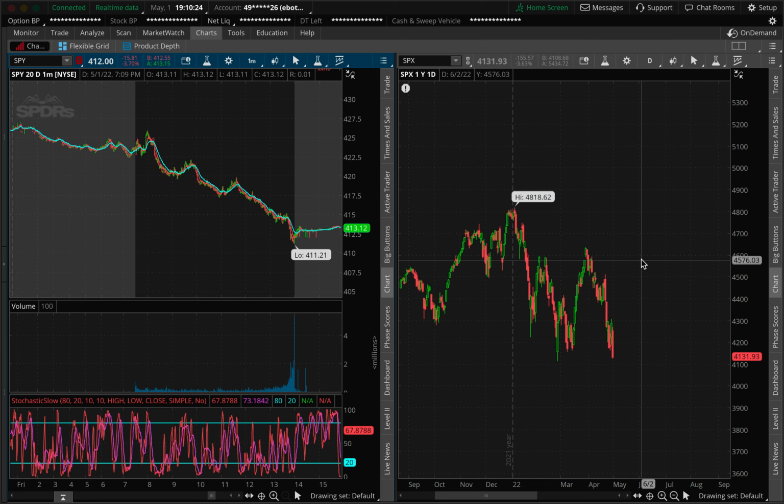Now, there are times, and it's so weird, when SPX will not pay out as much as SPY. It depends on how the contracts are being traded and which strike prices are the best. If you buy an out of the money strike price on SPY, like 400, versus an in the money SPX strike price, your SPY 400 strike prices are going to move a lot better than your in the money SPX strike prices.